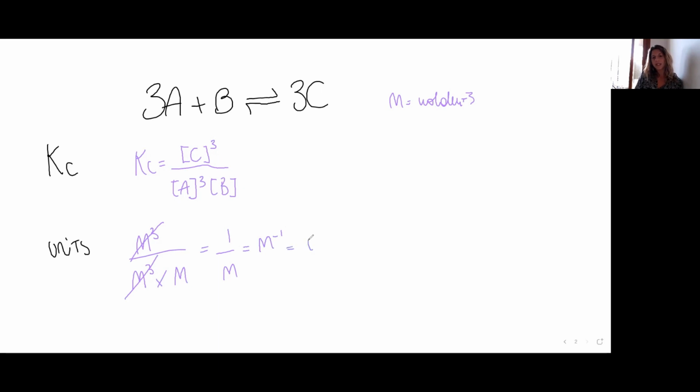So what does this mean? We have mole per decimeter cubed, the unit of concentration, to the power of -1, as we've simplified it. So what does that become? It becomes mole to the -1, and decimeter becomes positive.